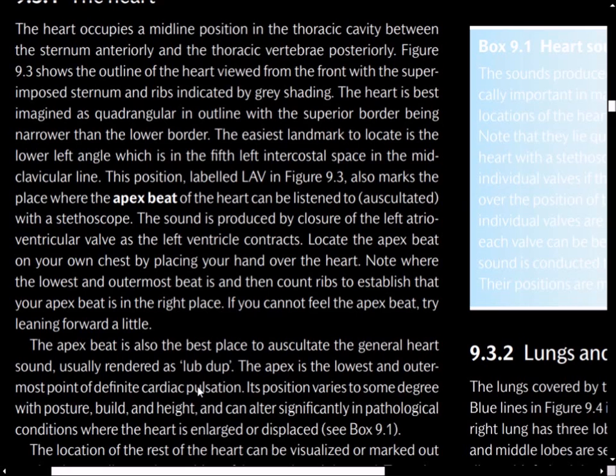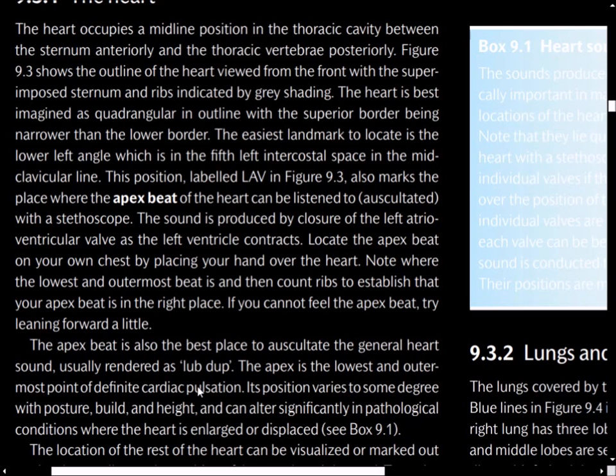This shows the outline of the heart viewed from the front, with the superimposed sternum and ribs indicated by gray shading. The heart is best imagined as a quadrangle in outline, with the superior border being narrower than the lower border.